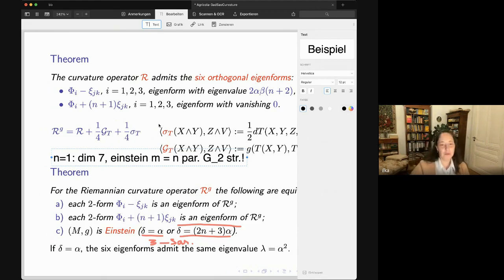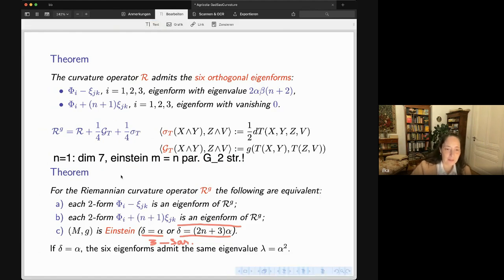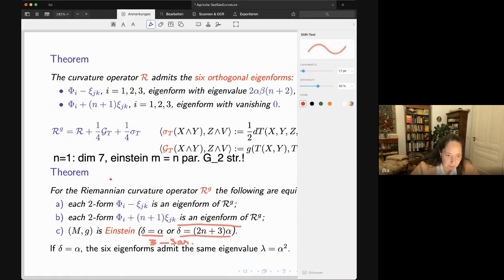And now you do the following thing. It's really beautiful. You have a spinor psi in dimension 7 which is parallel; the G2 structure yields the spinor.